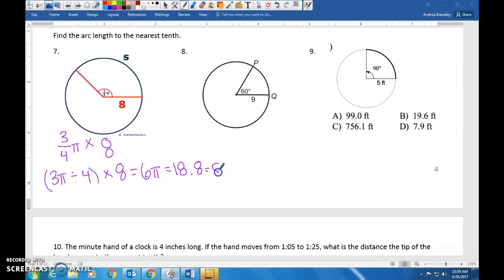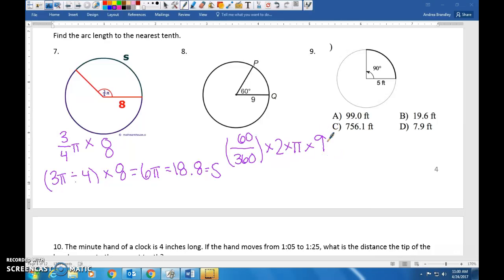So this is equal to my arc length, which in this case was S. Number 8, I'm in degrees, so I've got to make sure I use the degrees formula for arc length, which is 60, my angle, over 360, and I'm going to put that in parentheses in my calculator, times 2 times pi times the radius, which is 9.